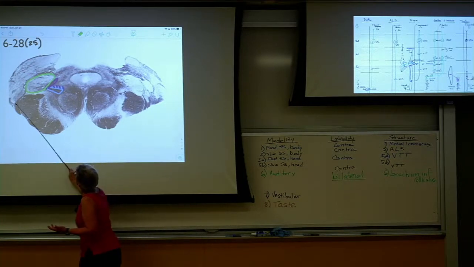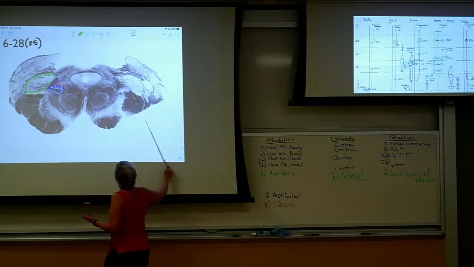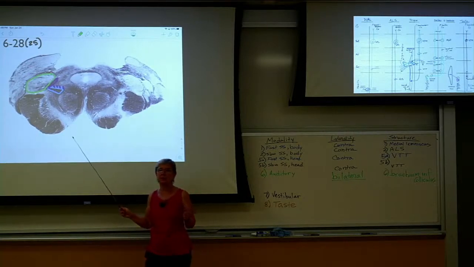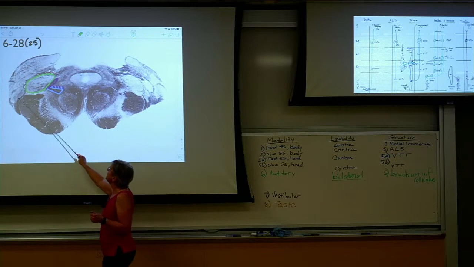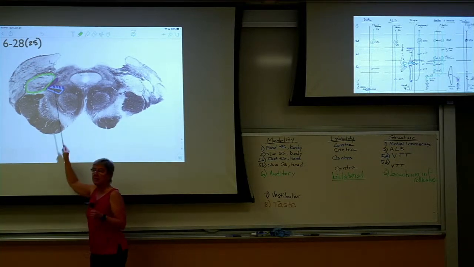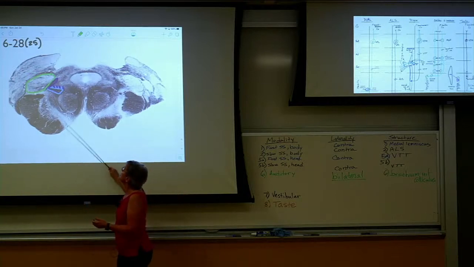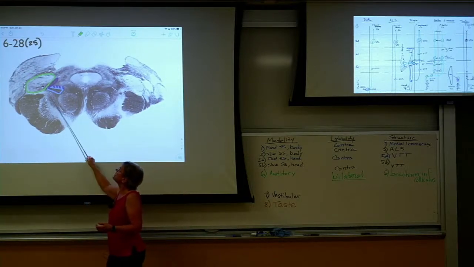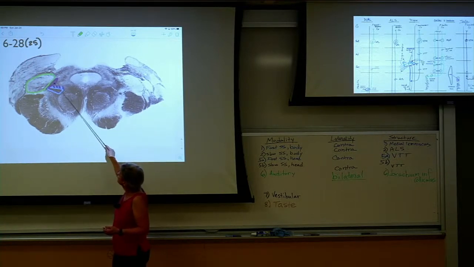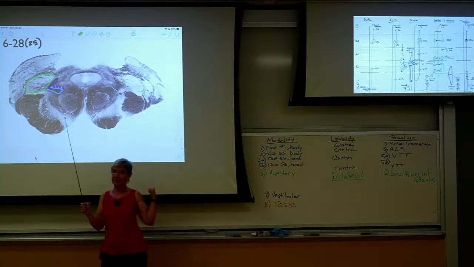So this portion of the section is the midbrain, and is still superior midbrain. But you'll see there's this whole big chunk of tissue that has shown up lateral to the midbrain, and this is part of thalamus.